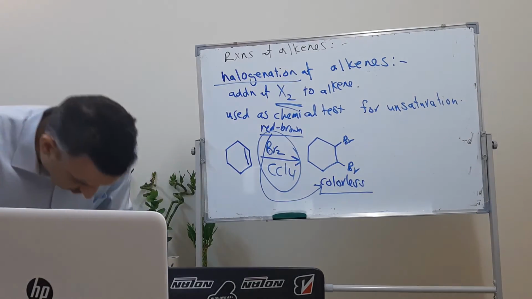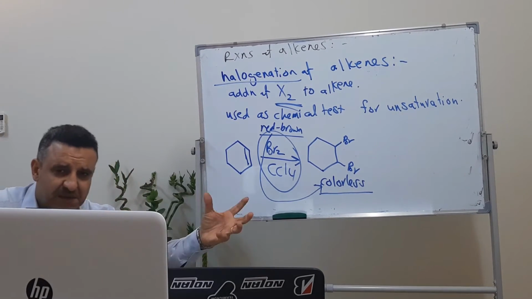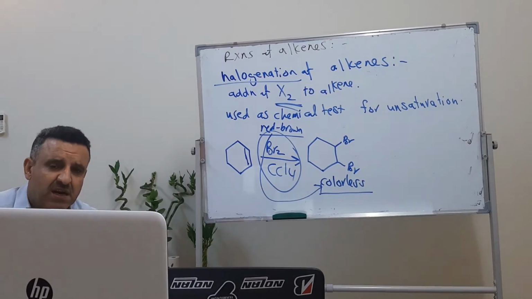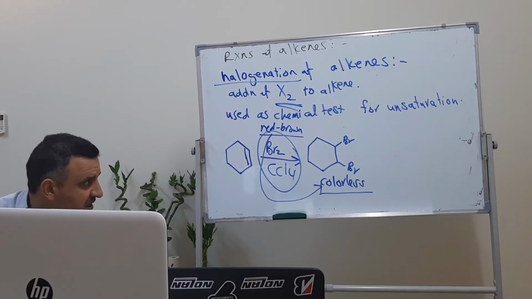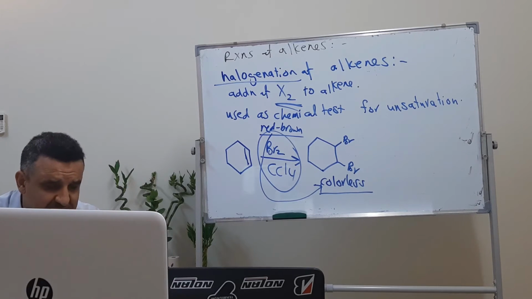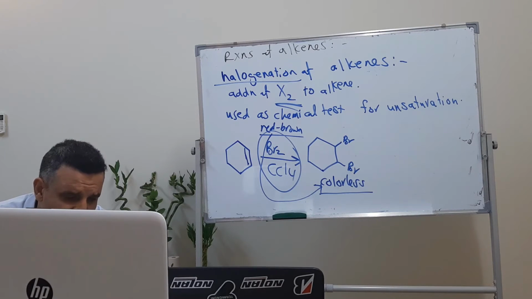In other words, the red or brown color of the bromine will disappear. This change in color is what we use as a chemical test for unsaturation. So the halogenation reaction is used as a chemical test for unsaturation because the red or brown color of the bromine will be converted into colorless. Is that clear, guys? Are there any questions so far?